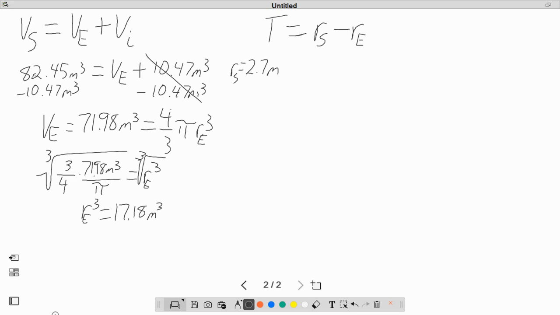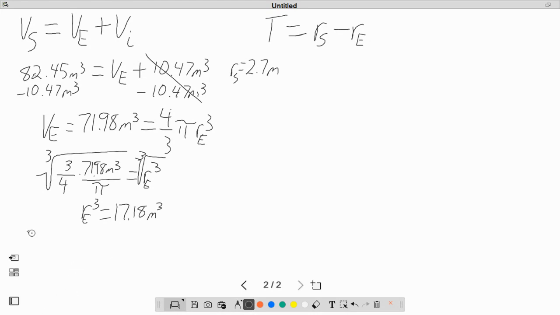Well, taking a cubic root is the same as raising it to the 1/3 power.